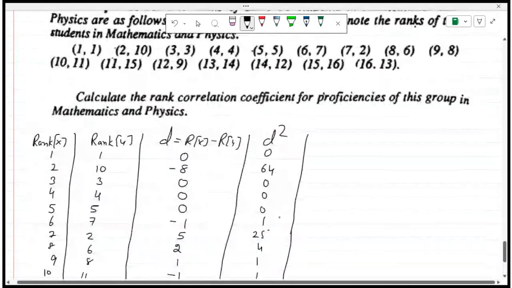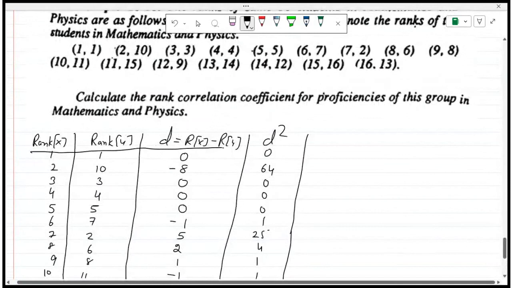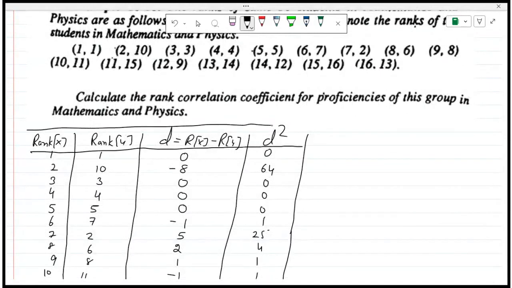So now what is the sum of D square values? Now we need to do the sum of D square.